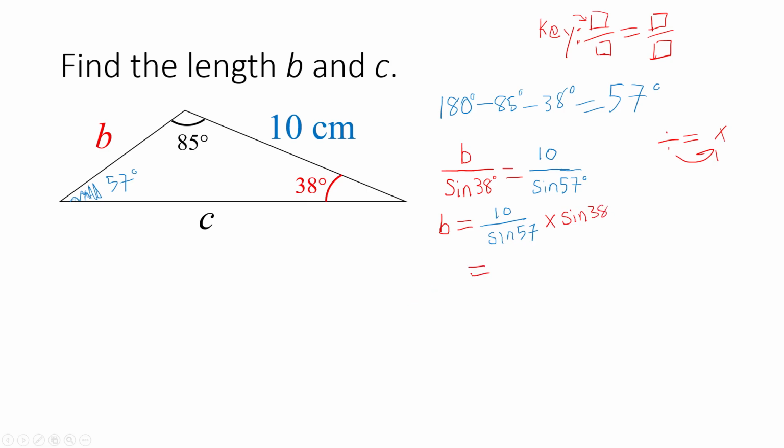And you will get the answer. B is equal to 10 divided by sine 57 times sine 38.